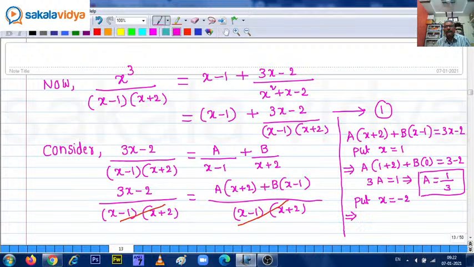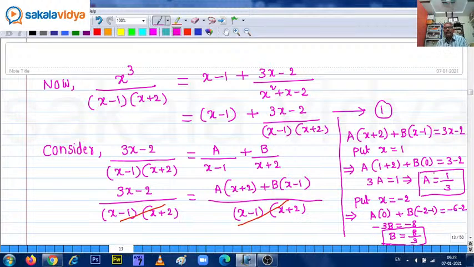So that implies what you get now here? a into 0 plus b into minus 2 minus 1 equal to minus 6 minus 2. So this will be minus 3b equals minus 8. B value will be 8 by 3. Minus minus gets cancelled. This is the B value.